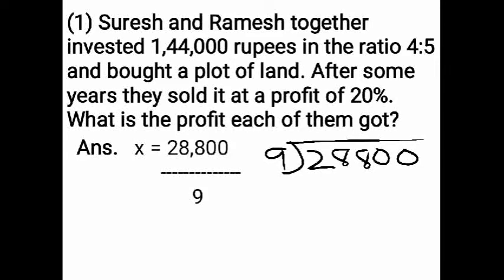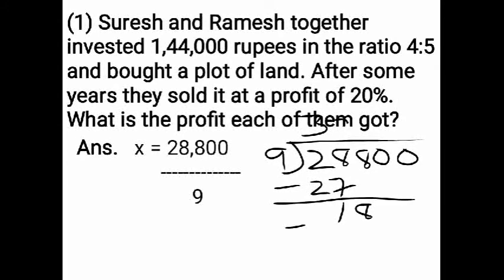Now you have to divide the number 28,800 by 9. 9 threes are 27. 28 minus 27 is 1. Bring down 8. 9 twos are 18. Bring down this 0. 9 zeros are 0.